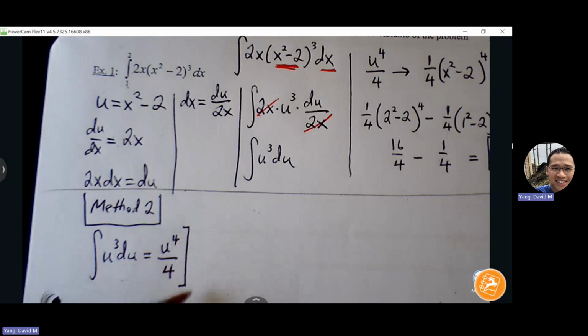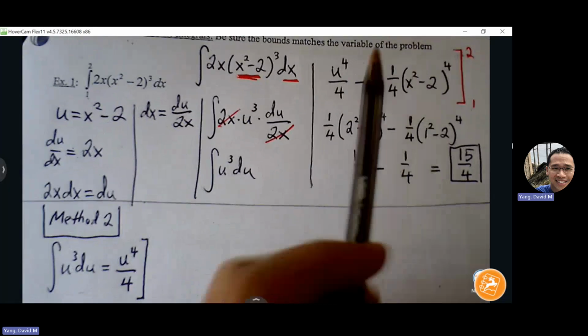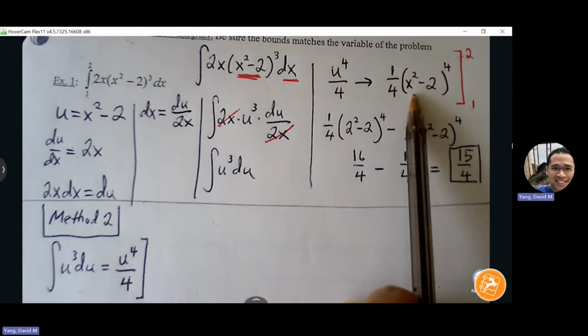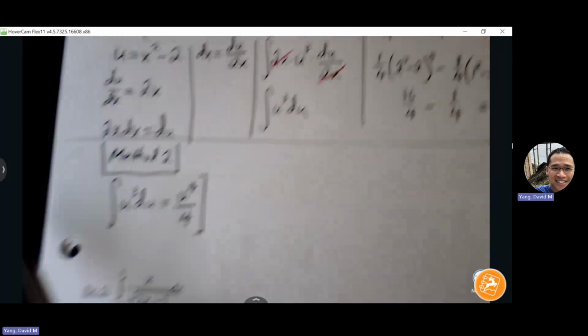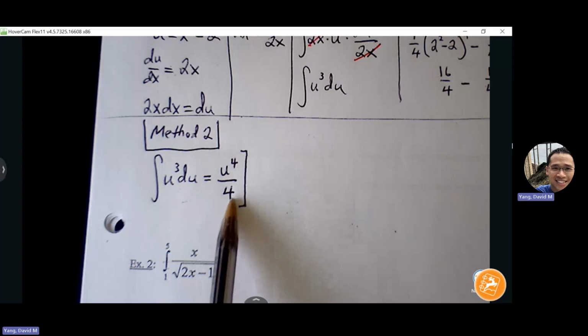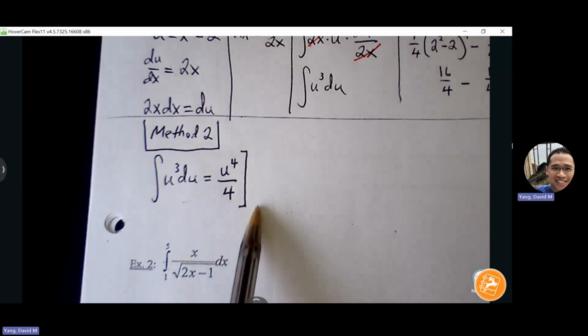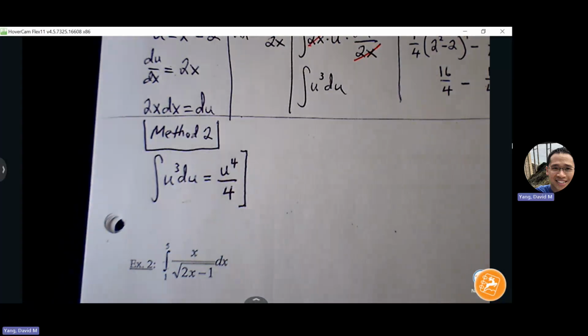Yeah, good. The bounds are in terms of x, but the antiderivative is in terms of u. So there's a mismatch, right? So the idea is that we either have to get our antiderivative and the bounds in terms of x, or the second option is to have the antiderivative and the bounds in terms of what? In terms of u. So that means we have to adjust the bounds.